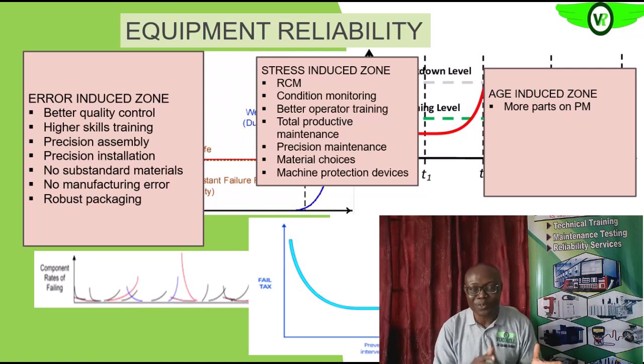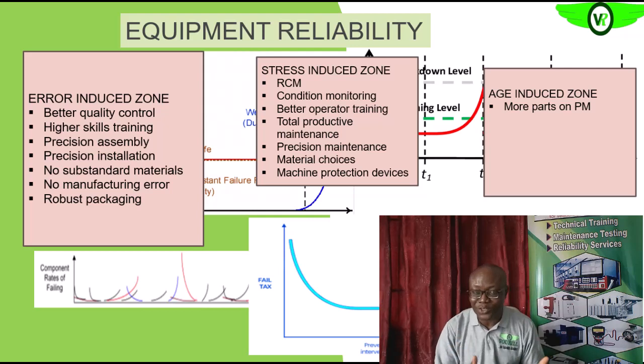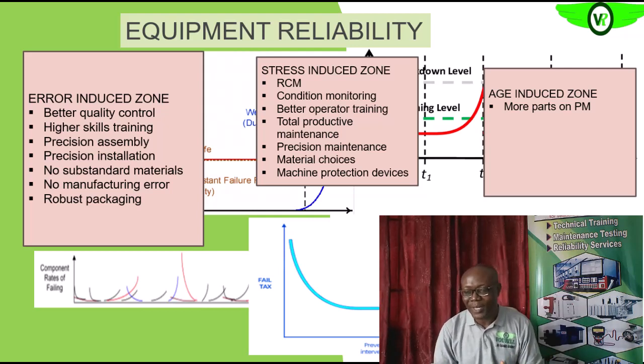So as the equipment is getting older, entering that wear out region, you see that the cost of maintenance will be going up. So as you have seen, for us to continue using it, we will need more parts.